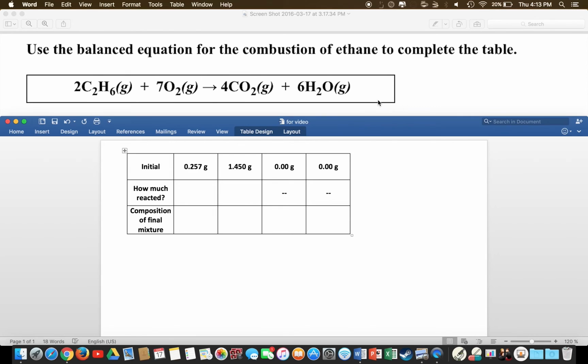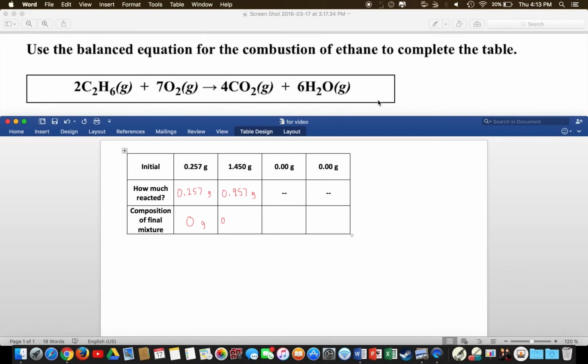So just to verify, if you want the answers to this problem, I will write it out. So how much is reacted? Let's see. Okay, well, 0.257 is reacted. We have 0 left over. 0.957 grams is reacted.